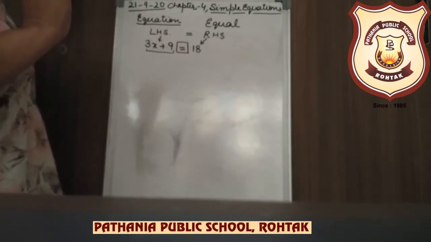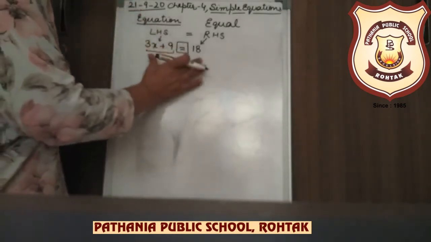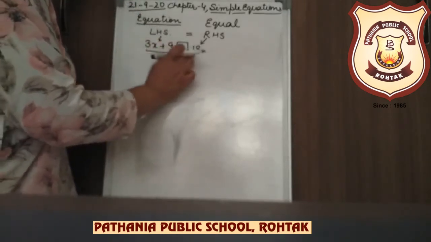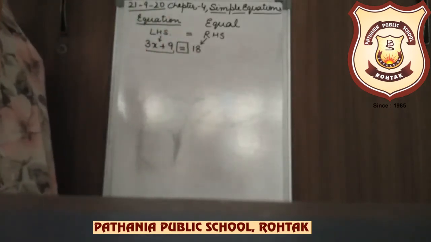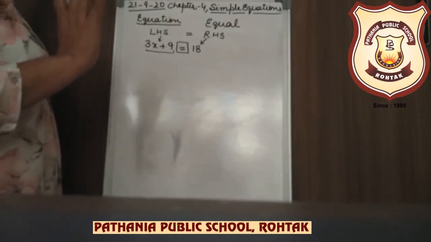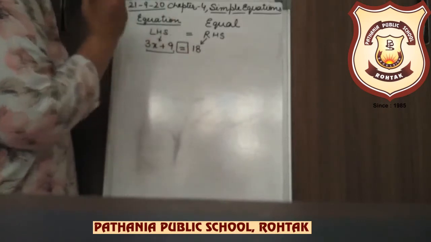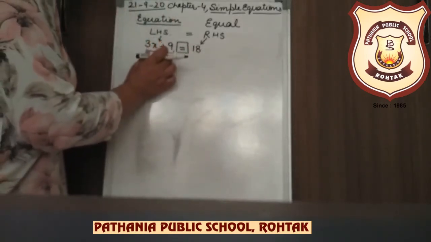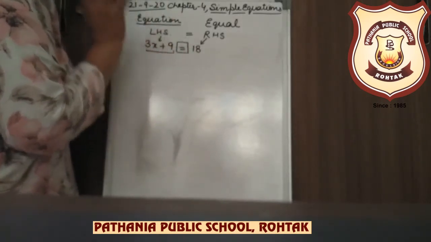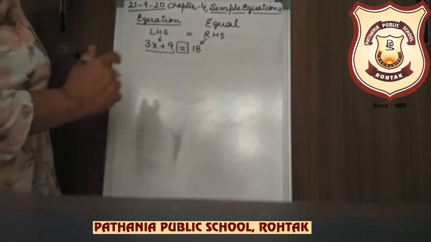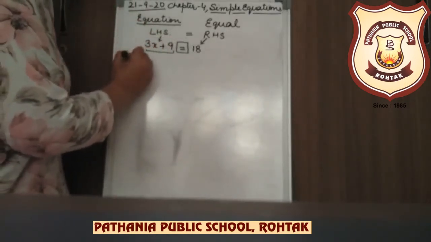A statement of equality containing a variable is called an equation. Is that clear to everyone now? So a statement where there is a sign of equal to along with the constants and variables. Clear? Now we put the equation in two categories.